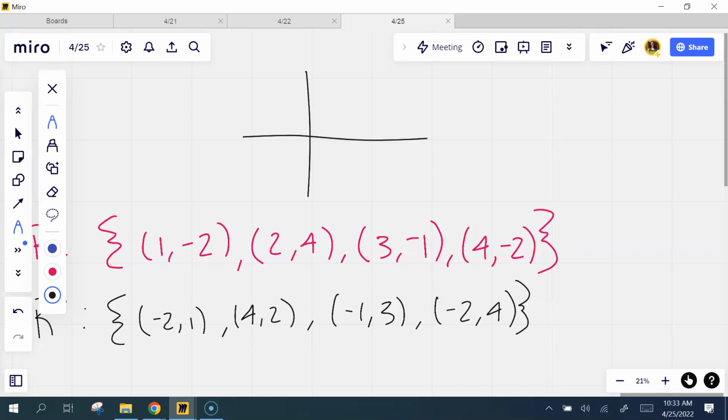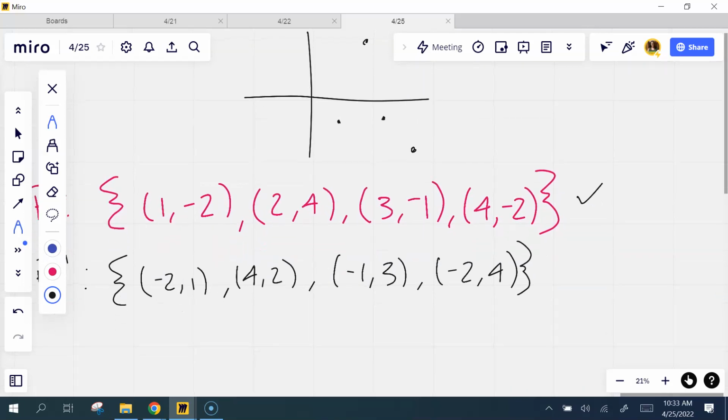If I've got (1, -2), (2, 4), (3, -1), and (4, -2), there's never a place where they're directly above each other, right? Where they have the same x value, because every x has to have its very own unique y value. So here I would say yes, that's a function.